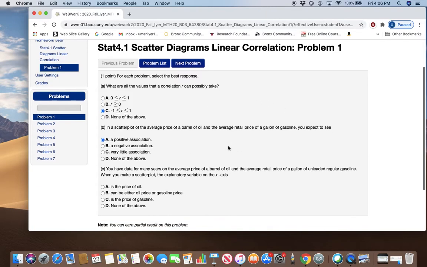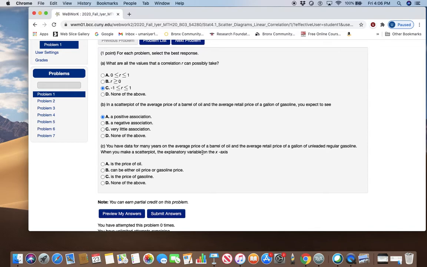You have data for many years on the average price of a barrel of oil and the average retail price of a gallon of unleaded regular gasoline. When you make a scatter plot, which is the explanatory variable, on the x-axis?